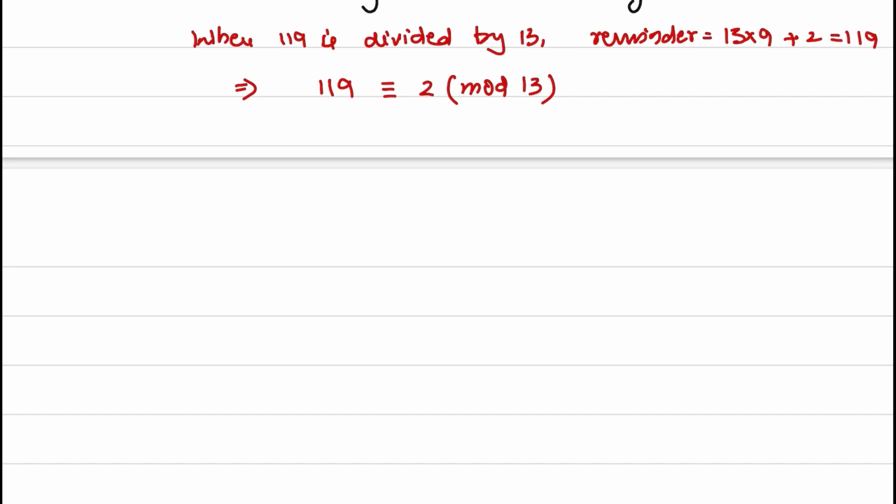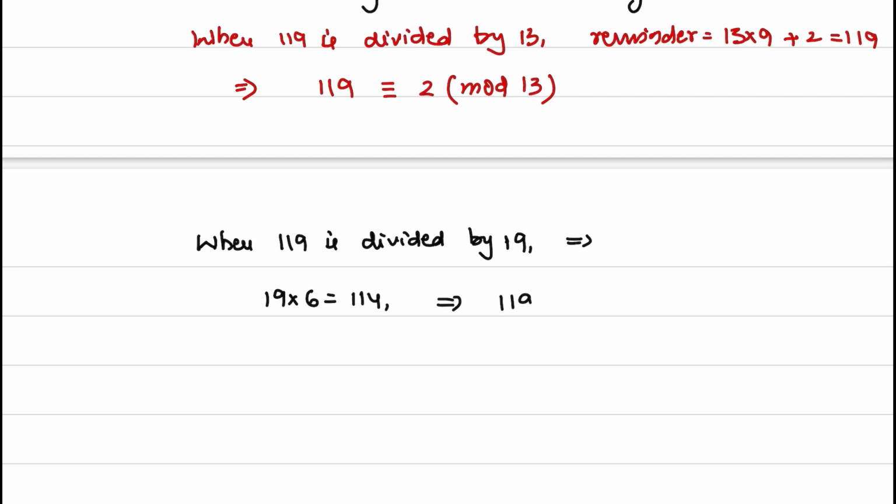Similarly, when 119 is divided by 19, 19 into 6 is equal to 114. That implies 119 is equal to 19 into 6 plus 5.